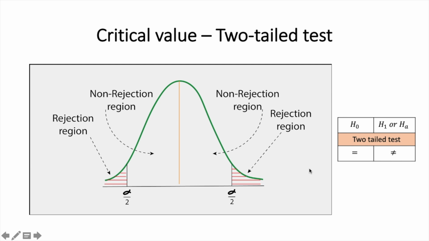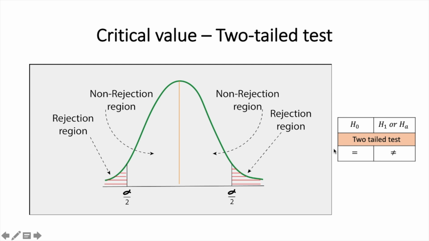Once you collect your test statistics, if it falls in the rejection region, it means that you will have to reject your null hypothesis. And if the t-test value falls within the non-rejection region, you will fail to reject the null hypothesis. So we will go into these things in detail.